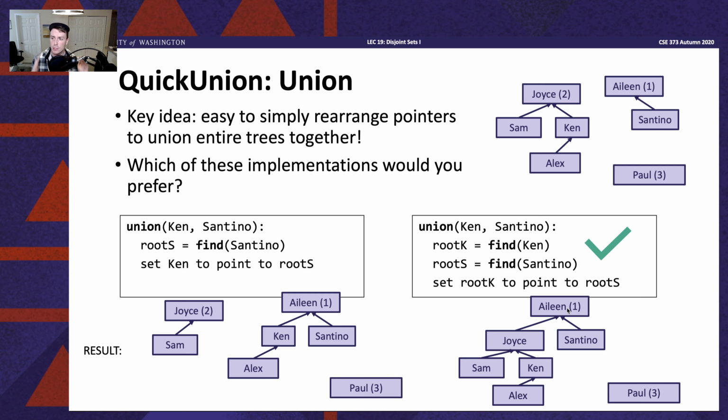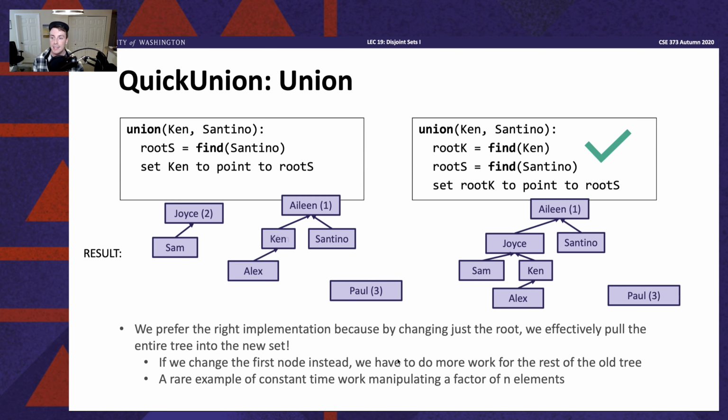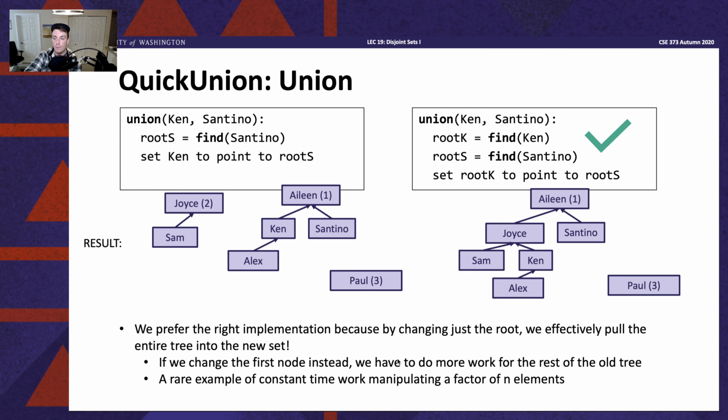These uptrees store all of the values that belong in each of the individual subsets, and we can combine them by just setting one of them to be a child of another. So this quick union structure is exactly what we want in order to be able to union quickly, since we just have to change these pointers.